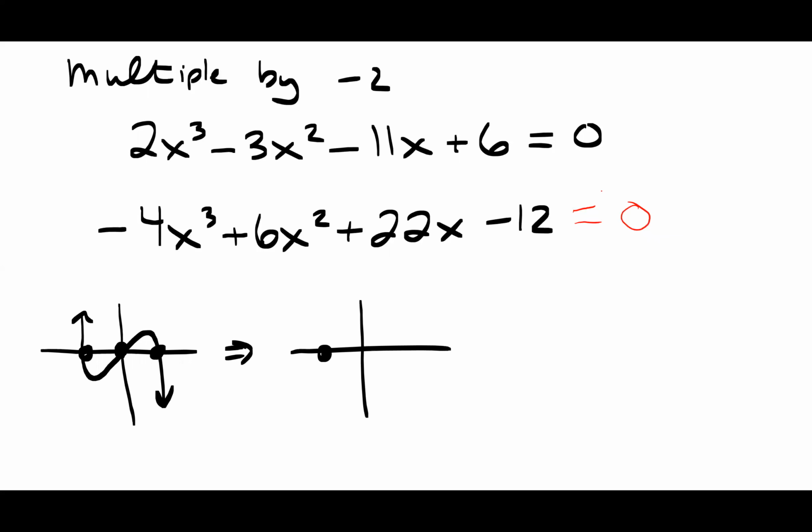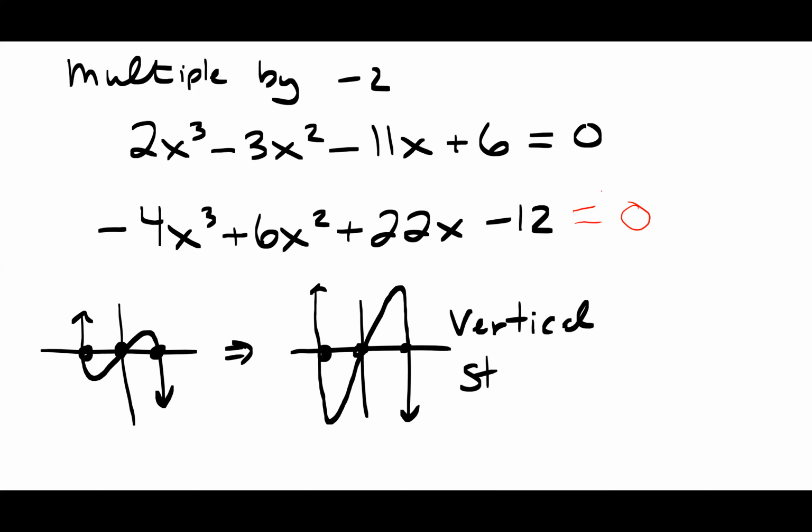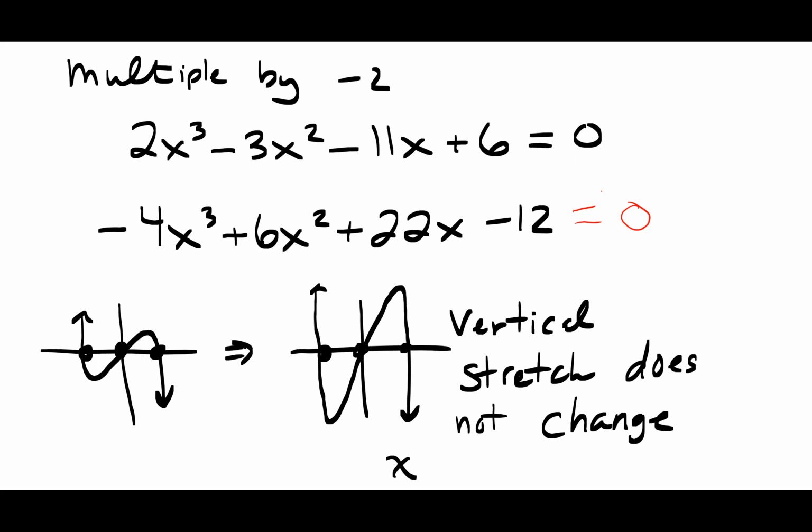No, they don't. The x-intercepts remain exactly the same spot. The only thing that changes is the height of this guy, right? But notice the x-intercepts did not change. So here it is, vertical stretch. That's what we'll be doing. We're multiplying by negative 1, by negative 2, by negative 3, by negative 4. It does not change the x-intercepts.